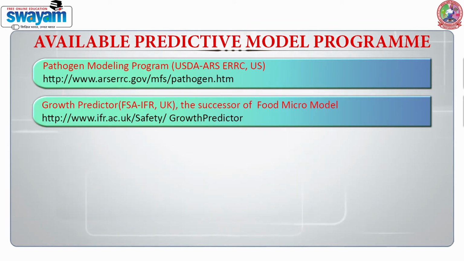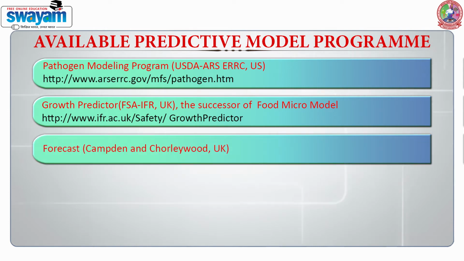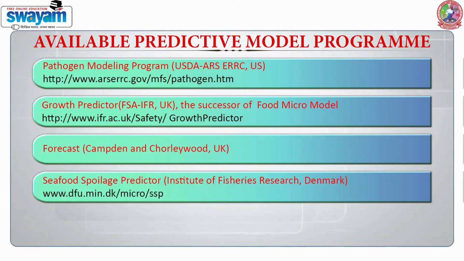Then we have the next one, the growth predictor, given by the UK, and it is the successor of Food MicroModel. Then we have another type of forecast model known as the growth predictor forecast. It has been given by Campden and Chorleywood, UK.